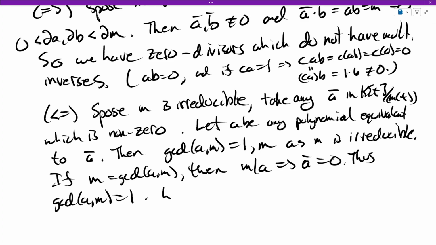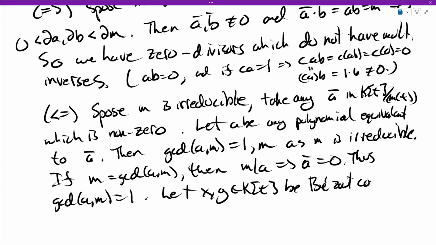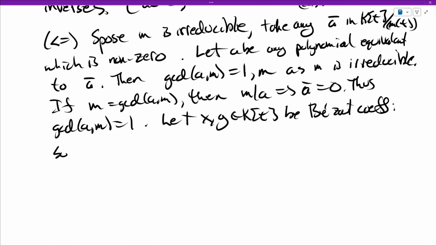Let X and Y in K[T] be Bezout coefficients so that AX plus MY is 1. Aha, Bezout coefficients coming in to save the day. All right, AX plus MY is 1.